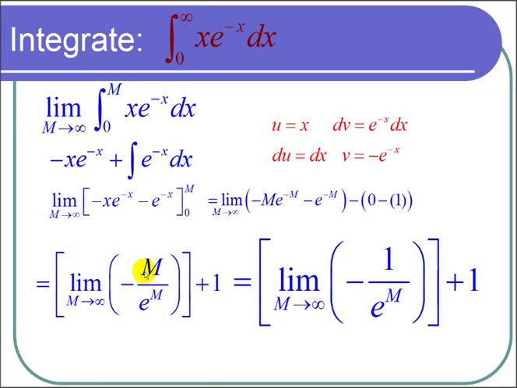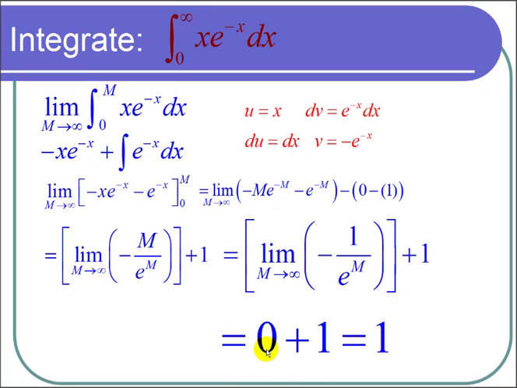The derivative of M is just 1, and the derivative of e to the M is e to the M. Now I plug in again. If I plug in infinity, I get 1 over e to the infinity, and that goes to 0. So I get 0 plus 1, and that, of course, is 1, and I'm done with the problem.